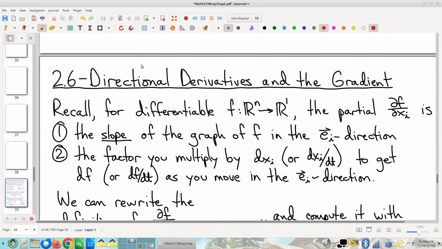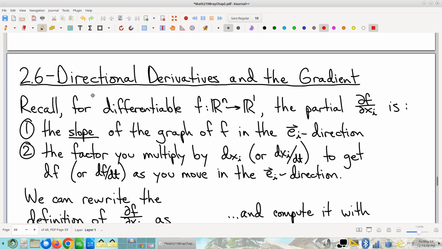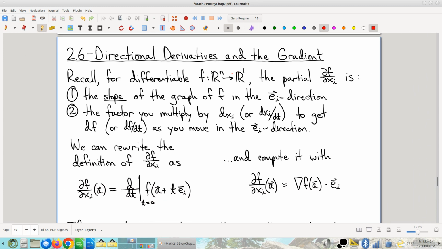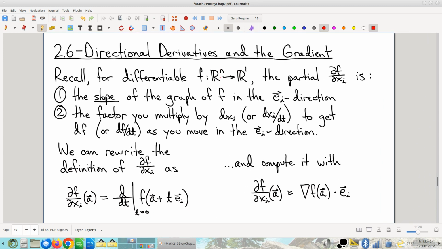But let me just do a little bit of previewing real quick. The first half of this page is just observations that we already know. In particular, if you're looking at a real valued function, and for the purposes of section 2.6 here we are going to consider only real valued functions, and we ask what I know about a partial derivative, well, I know several things.